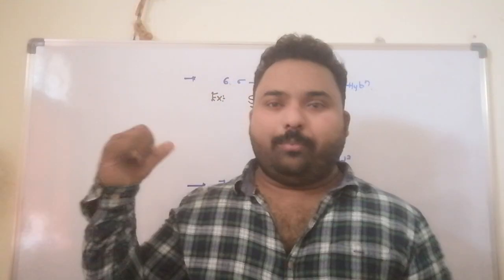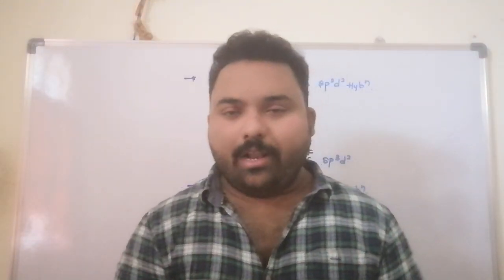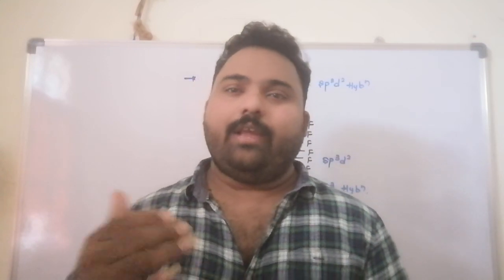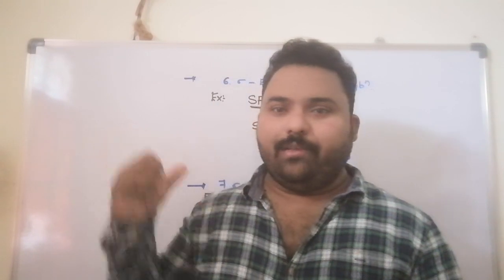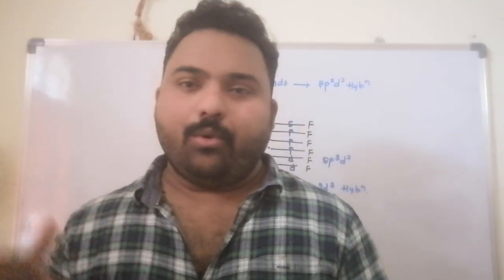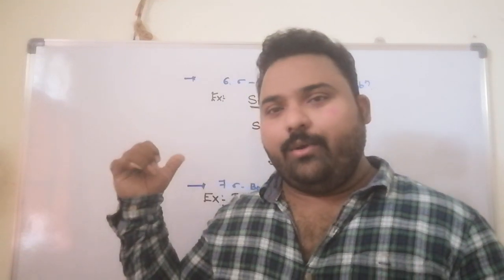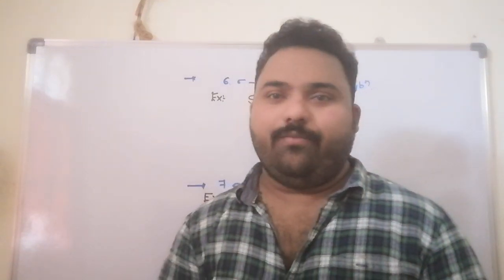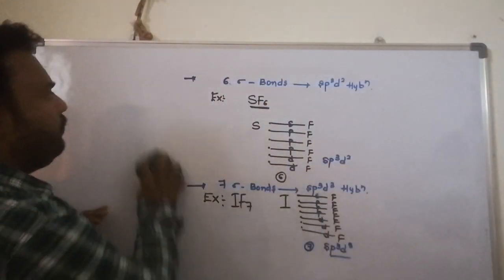I hope this trick is very useful. This is a very simple way to learn hybridization, and it is useful from the examination point of view, especially NEET or JEE competitive examinations.